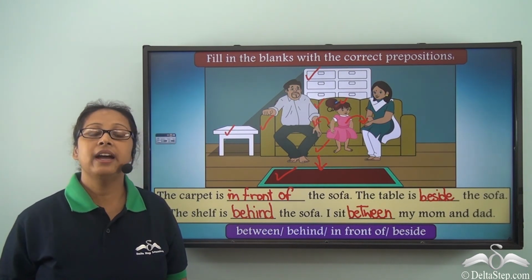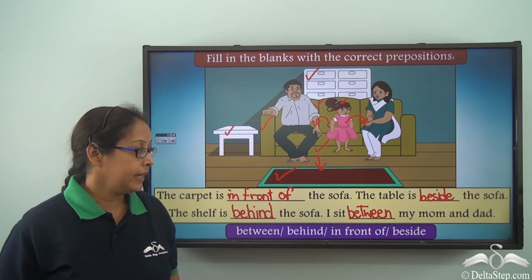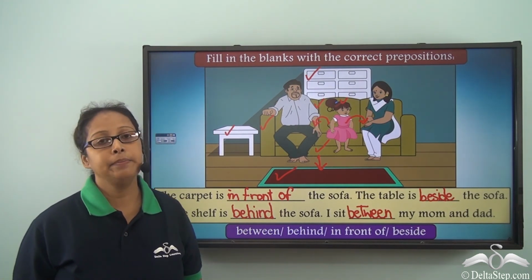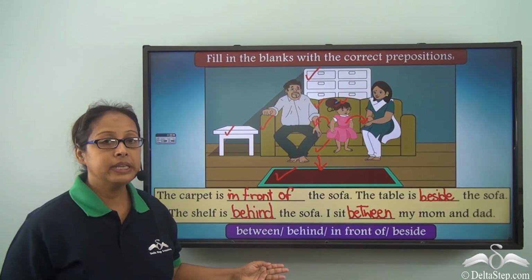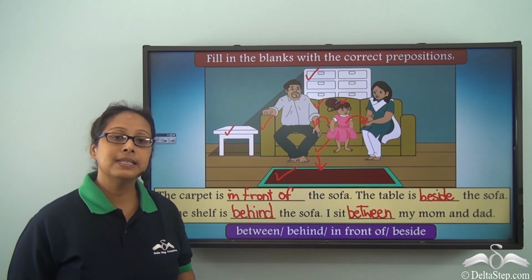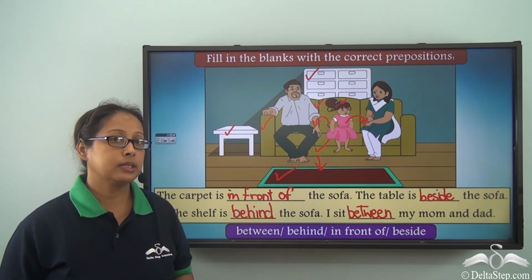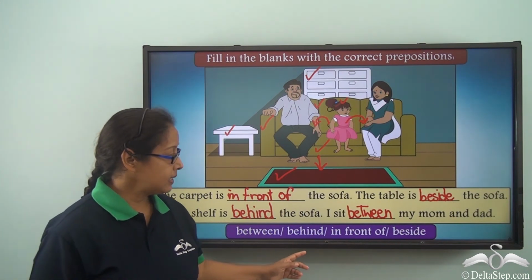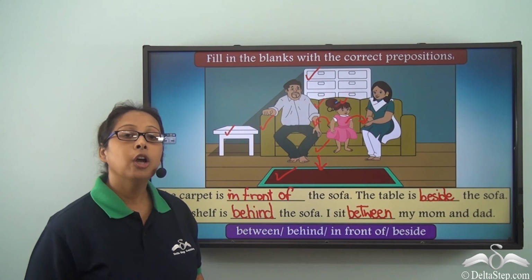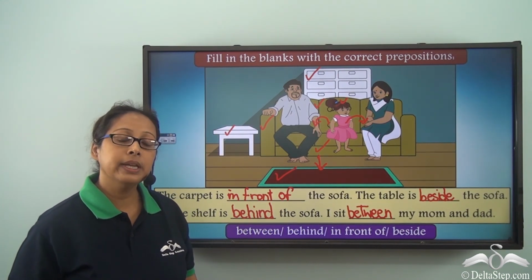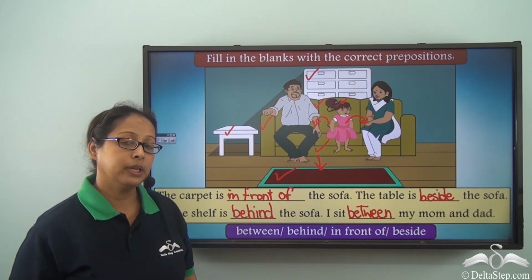So today we have learned the prepositions between, behind, in front of and beside. When we use the preposition between, it means that something or somebody is in the middle of two people or two things. In the same way, when we use the preposition behind, we mean that something is at the back of somebody or something.